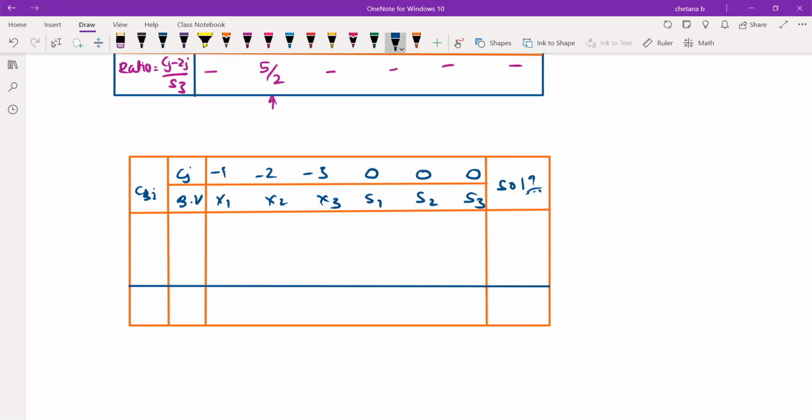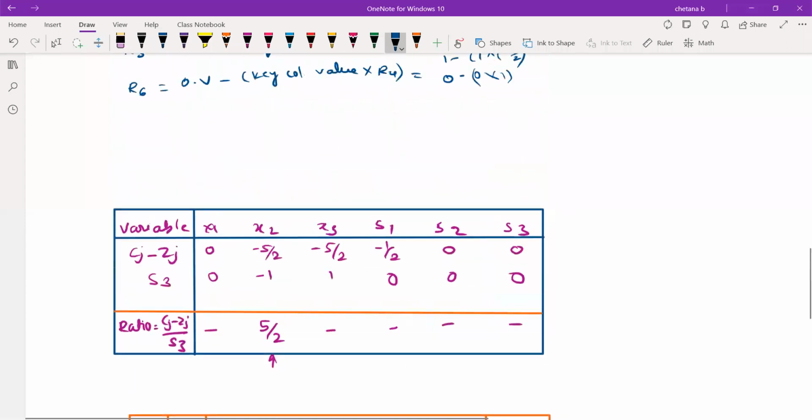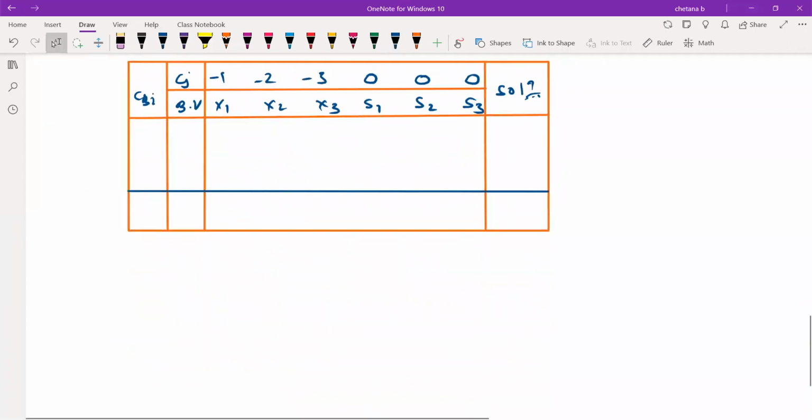Which is the leaving variable and which is the entering variable here now? X2 is the entering variable, and S3 is the leaving variable. So this is -2, -1, 0.